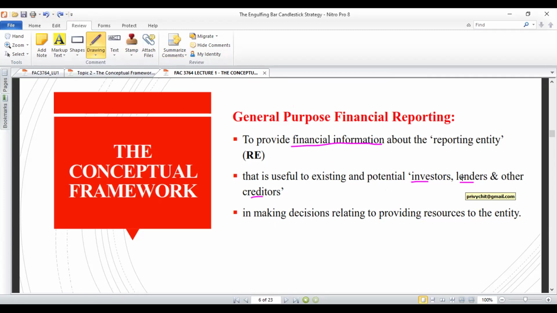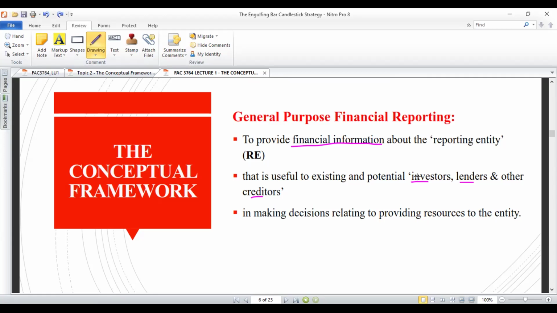So before a lender or creditor provides their resources to the company, they need to evaluate the financial information of the company to say, are they in a position to repay, supposing we give them the resources they are requesting? On the other hand, investors are looking at, if we invest our resources in this company, are we going to generate revenue?